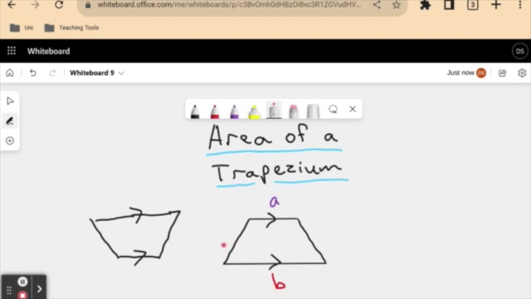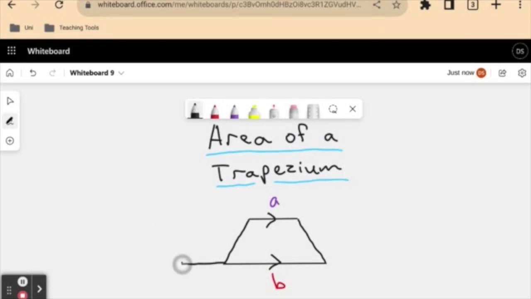Let me draw this again. Well, I've drawn it, but let me just rub it out and draw it connected to my original trapezium. So we have this here. We have the shorter side, and we're going to have, let me redraw that.